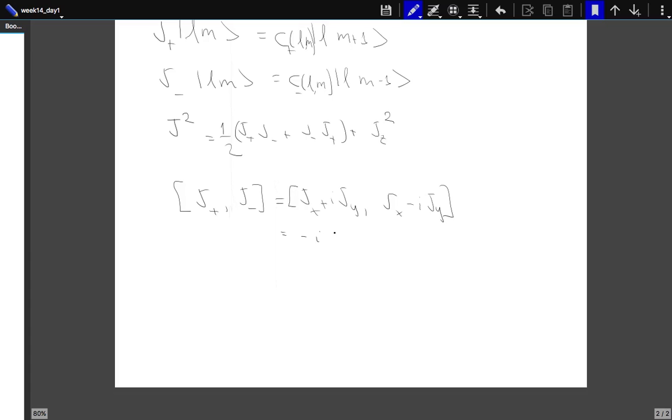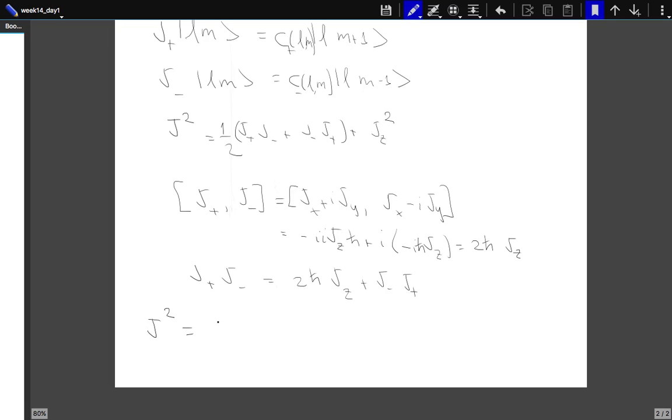This is equal to minus i times the commutator of Jx and Jy, which is i h bar Jz, plus i times the commutator of Jy and Jx, which is minus i h bar Jz. So this is nothing but twice h bar Jz. Which basically tells me that J plus J minus is equal to twice h bar Jz plus J minus J plus.